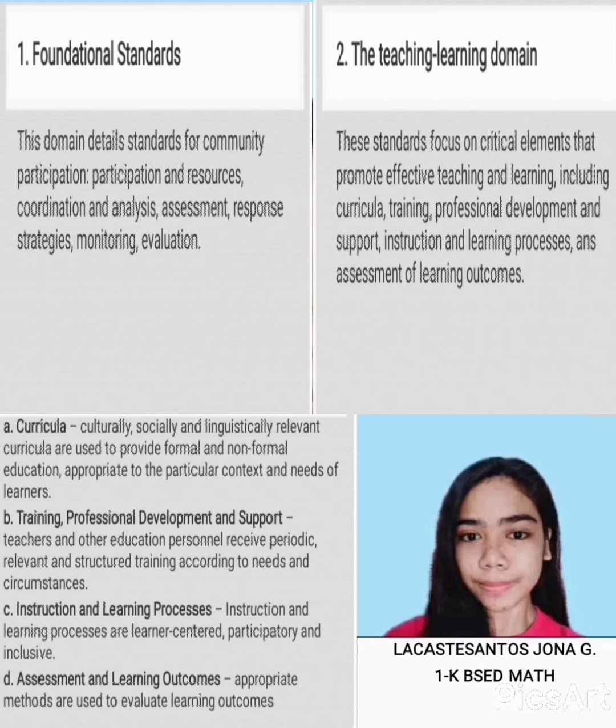We have here A, curricula. Culturally, socially, and linguistically relevant curricula are used to provide formal and non-formal education appropriate to the particular context and needs of learners. In this curriculum, we always have in this classroom whether we have a serious or a joke time.